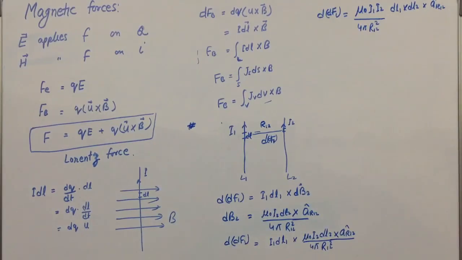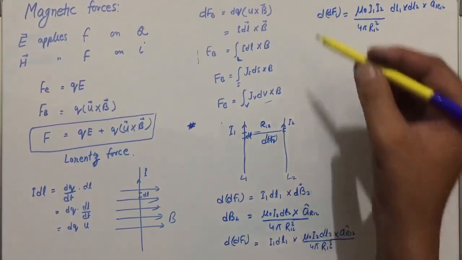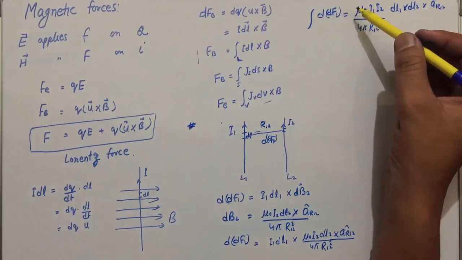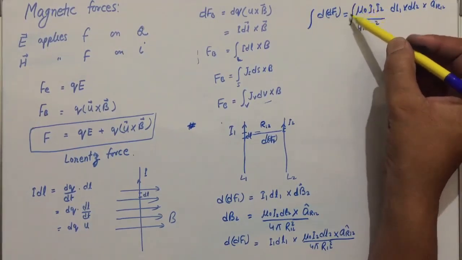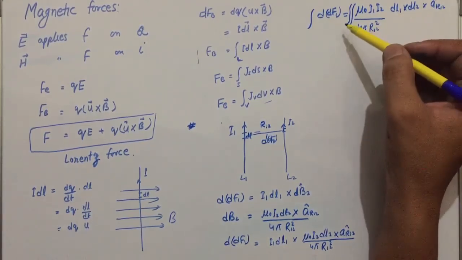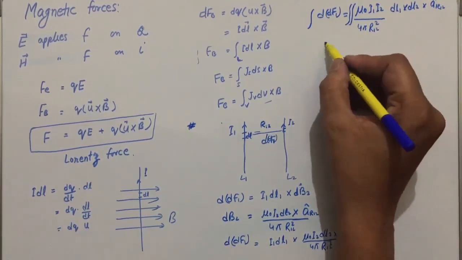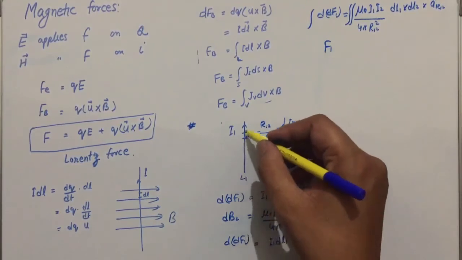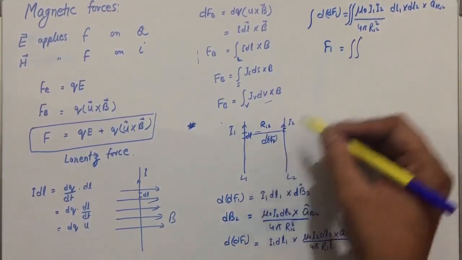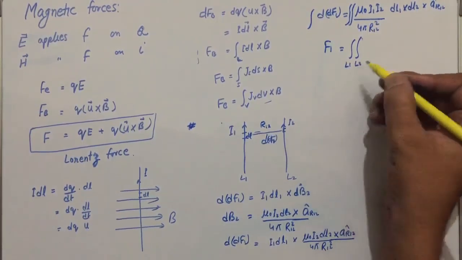If we wish to find the total force acting on this current carrying conductor from the other current carrying conductor, then we should integrate this for the full lengths L1 and L2. So in final form, we can say the force on this will be F1 for length L1 and length L2.